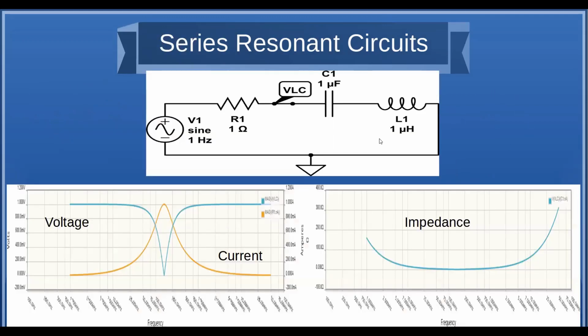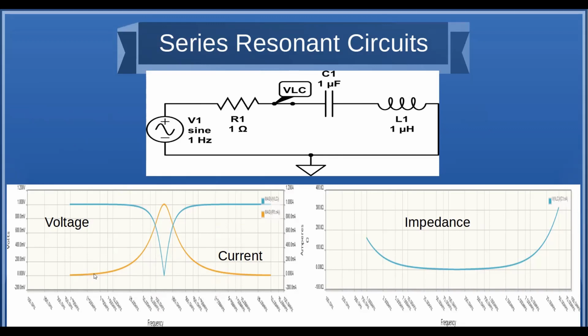And here's that circuit with a 1 microfarad capacitor and a 1 microhenry inductor. And we applied a sine wave to it. And you can't read it here, but at 159 kilohertz is where, and this is a series circuit, the voltage across these two components goes to 0.